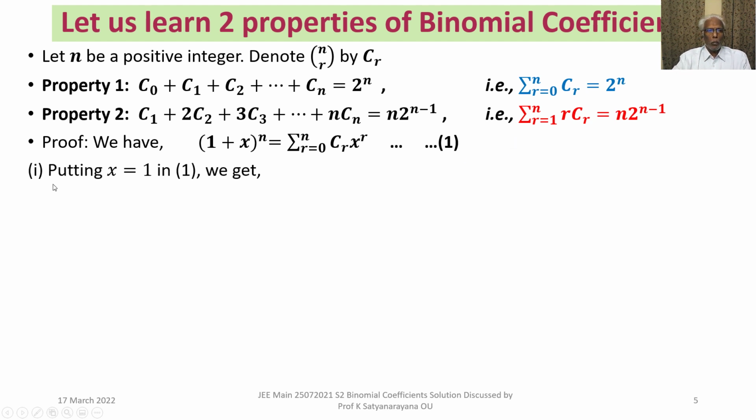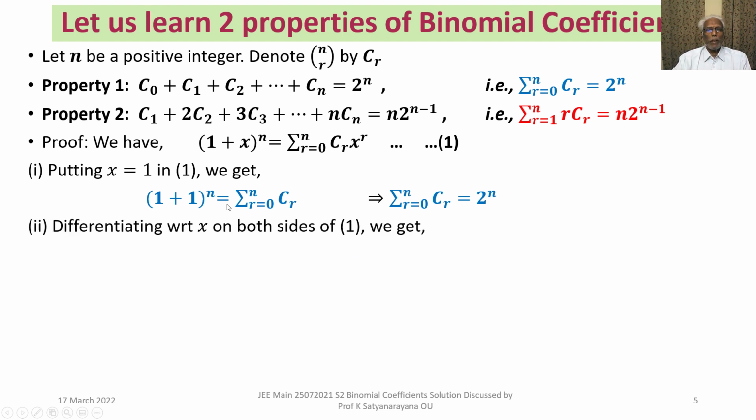Now, putting x equal to 1 in this equation, you will get 1 plus 1 to the power of n, that is 2 power n, is equal to the sum of Cr into 1 power r, that is 1. That is, the sum of Cr for r from 0 to n is equal to 2 power n. That is the first property, and it says the sum of the binomial coefficients in the binomial expansion is equal to 2 power n.